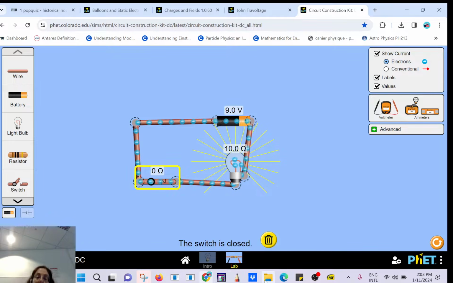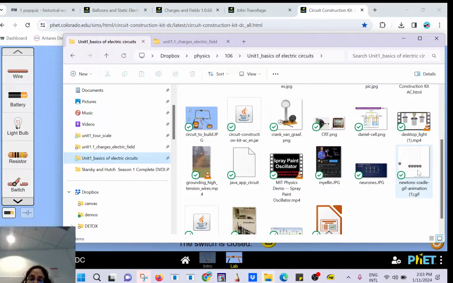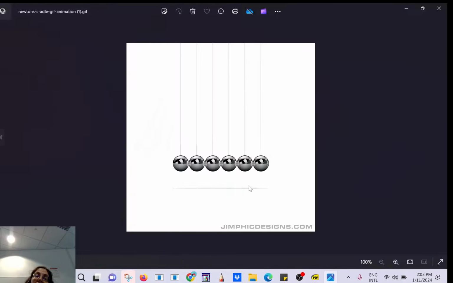What's happening is more like, I don't know if you remember from last semester, something like this. Remember the conservation of momentum? So that's what's really happening with the electrons. They push a little bit on each other.